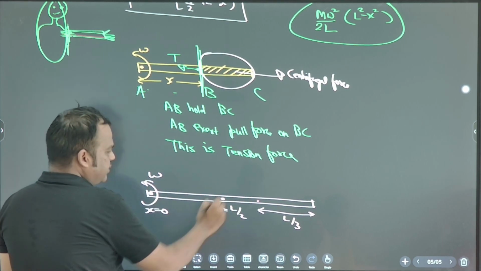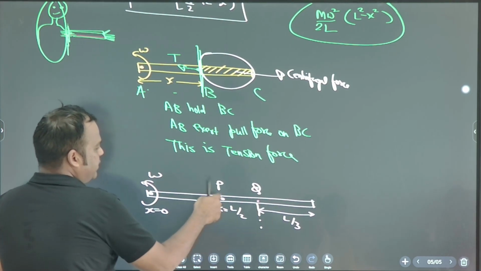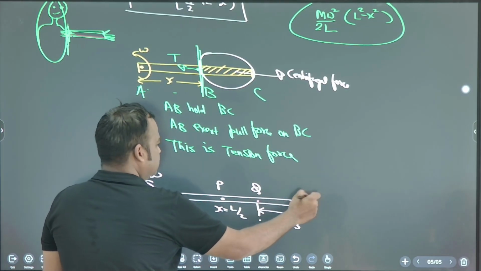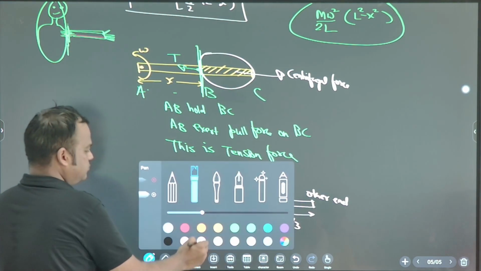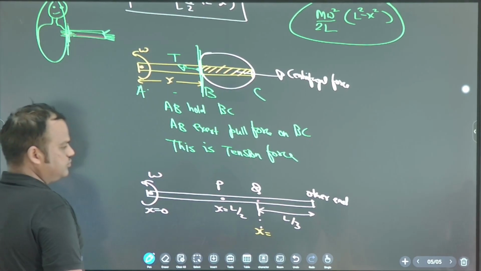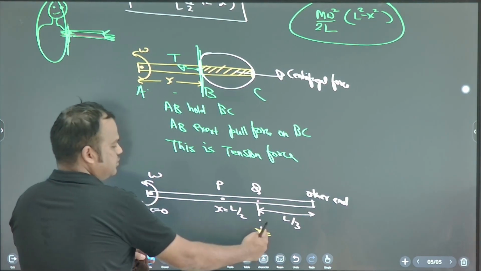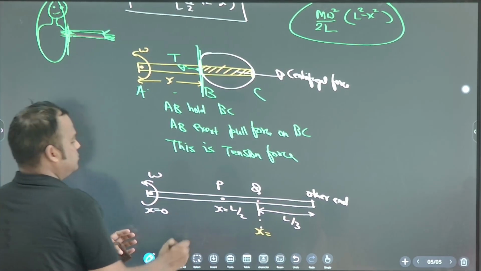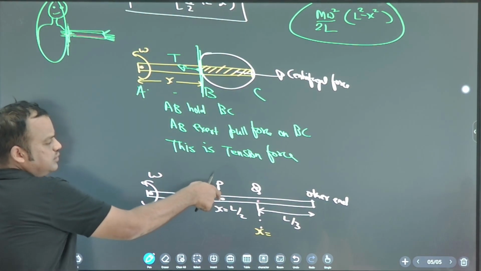So I am giving 2 points, P and Q. P is the midpoint and Q is at L by 3 from the other end. So what is the x value for Q? This is L by 3. So how much is this? This is the x-axis. If you walk L by 2, you will get the midpoint.